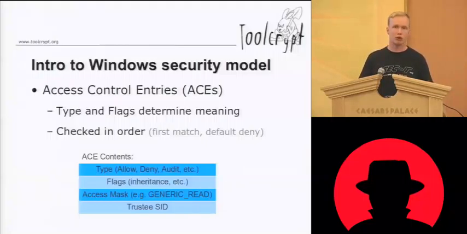I'll keep referring to these as DACL and SACL, so it's much easier to say. We have some flags in each access control entry, flags controlling, for example, inheritance. For example, in a file system, you can set a DACL on a directory that will propagate through to subdirectories and things like that.